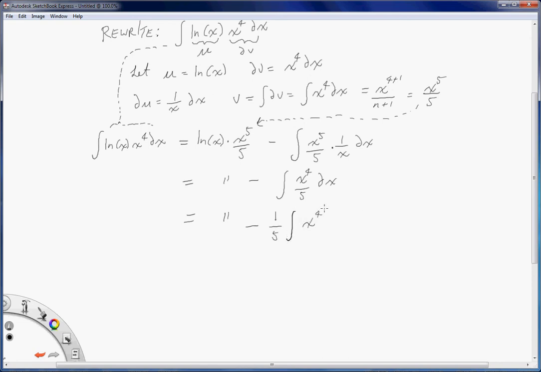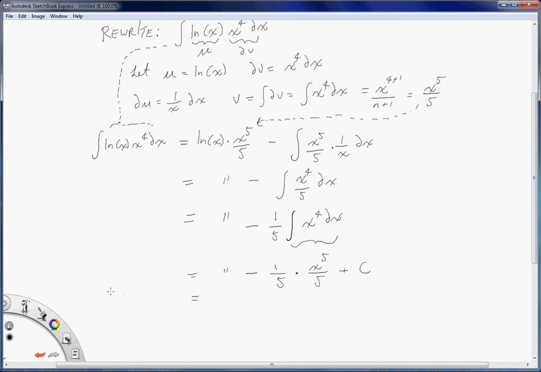So really all I have to solve now is just this. This becomes minus 1 divided by 5 times the integration of x to the fourth, which is x to the fifth over 5. Since it's an indefinite integral, we're going to put our plus c, that's our constant.